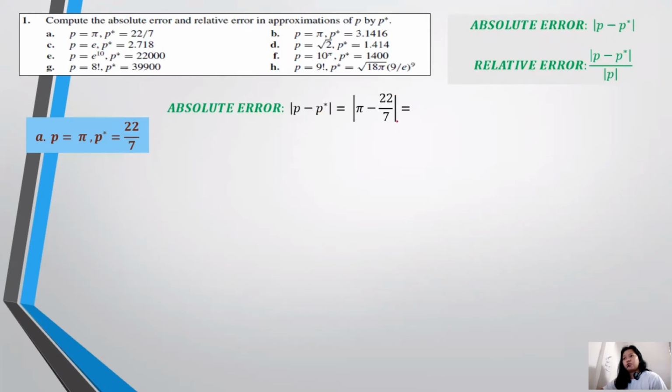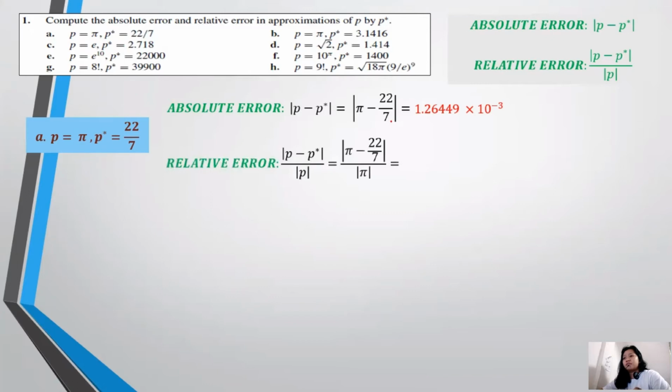Using our calculator, the absolute error for letter A is 1.26449 times 10 to the power of negative 3.